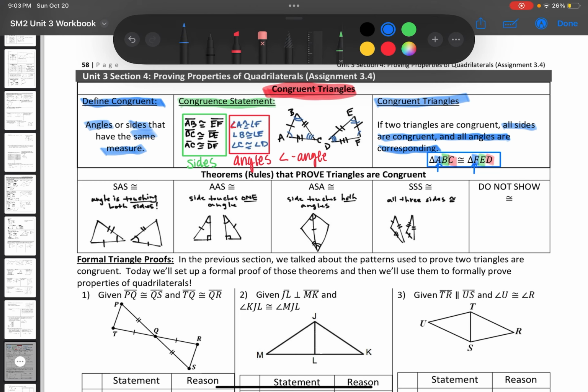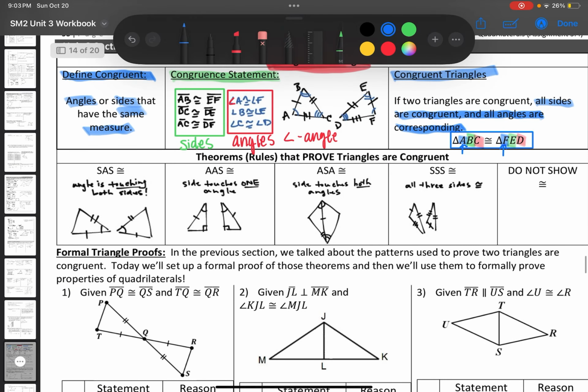Now we're going to learn about some theorems that prove triangles are congruent. We're going to use these four theorems right here. First, side, angle, side. A lot of you are already familiar with this, which is totally great.